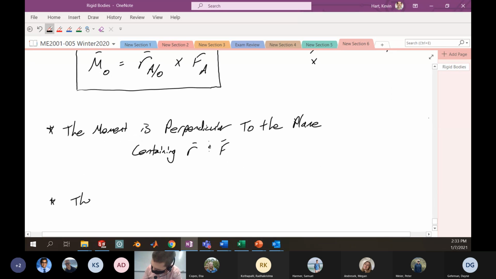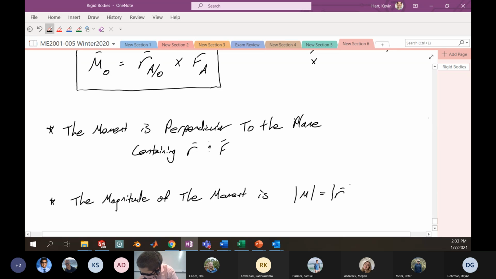The magnitude of the moment is the magnitude of the position vector multiplied by the magnitude of the force multiplied by the sine of the angle between them.